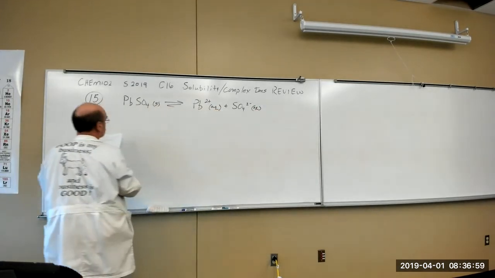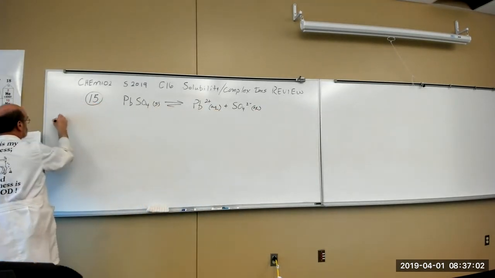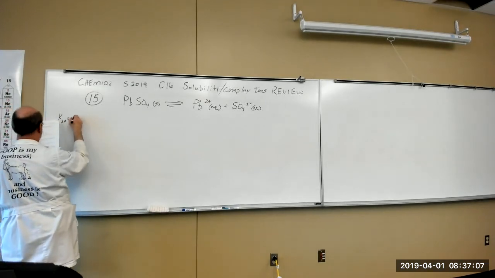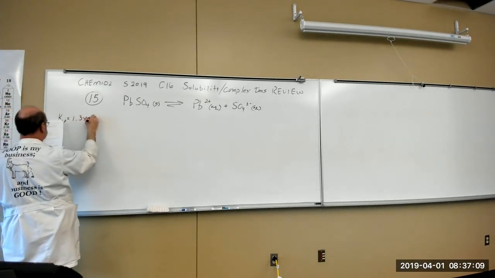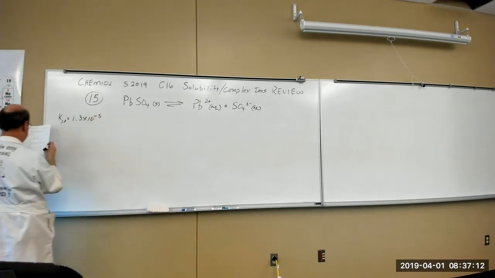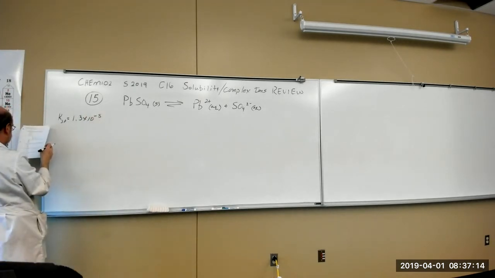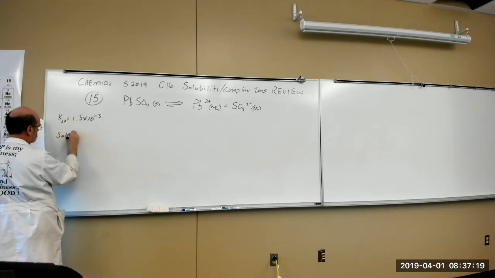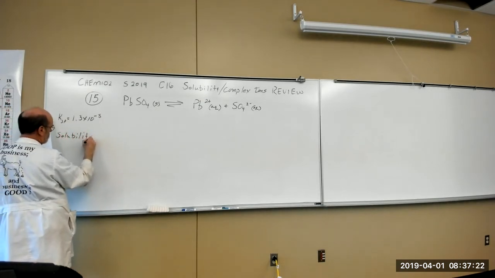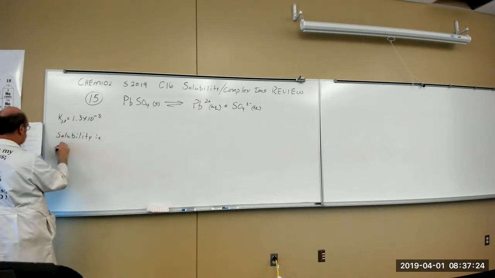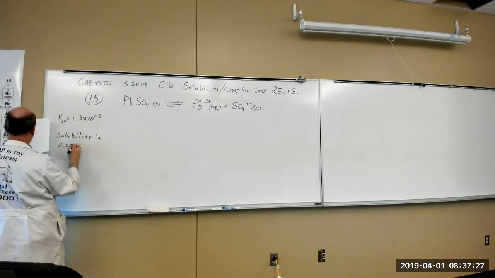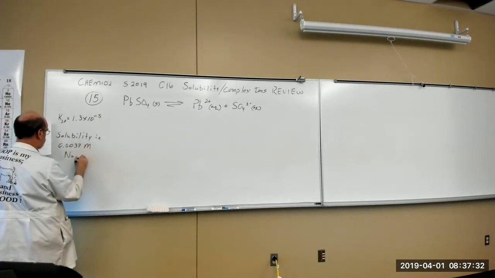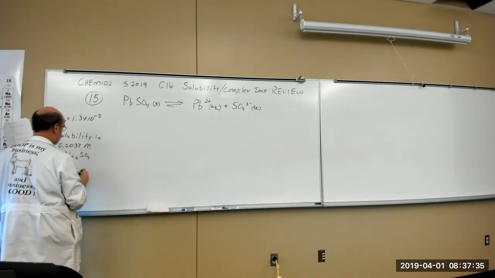Okay. And the KSP, just put it over here so I can put my paper down. It's 1.3 times 10 to the minus 8. And the solution, we want to know solubility in 0.0037 molar sodium sulfate.